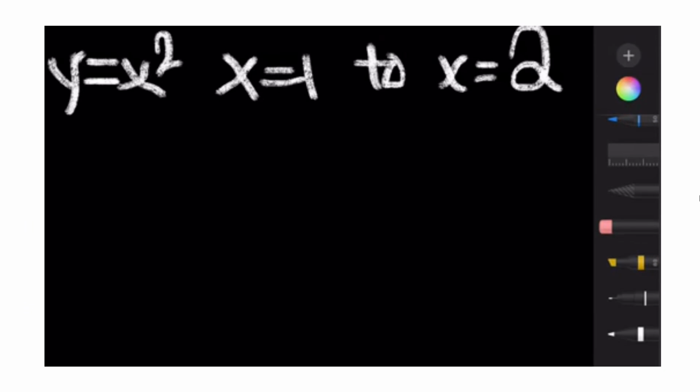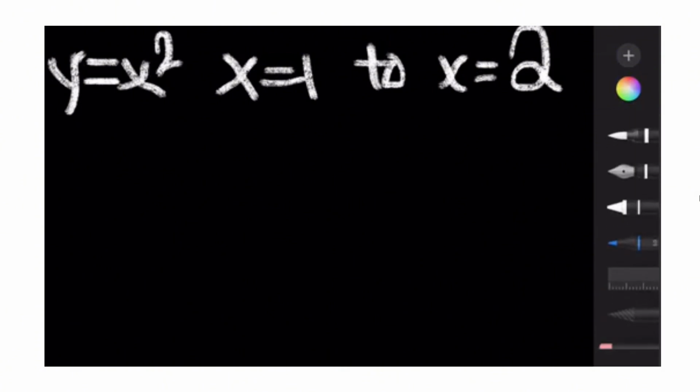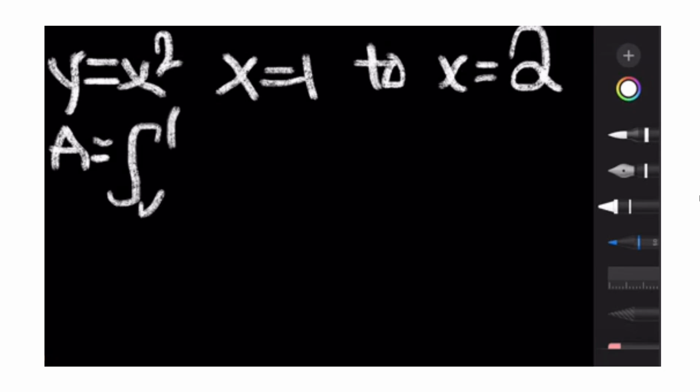For the example we have, find the area under y is equal to x squared from x is equal to 1 to x is equal to 2. So first step we have to do is compute the definite integral. So A is equal to, no, sorry.